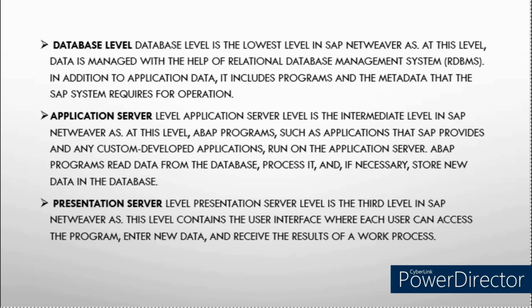Then the application server, the application layer, is the intermediate level in SAP NetWeaver. At this level, ABAP programs, such as applications that SAP provides and any custom development applications, run on the application server. ABAP programs read data from the database, process it, and if necessary store new data in the database. All of that happens and is managed in the application server.